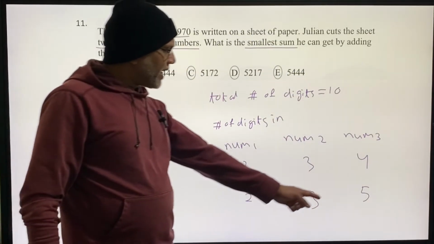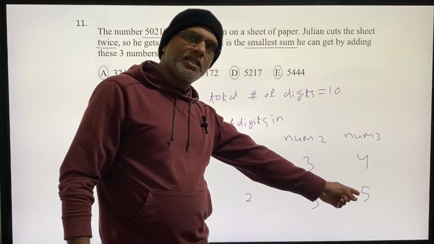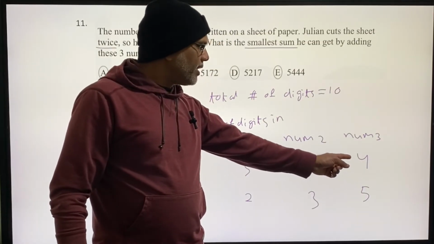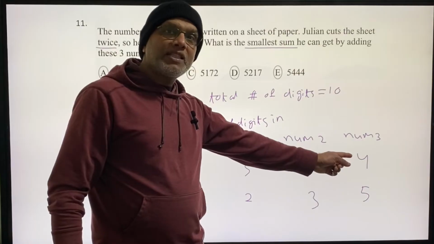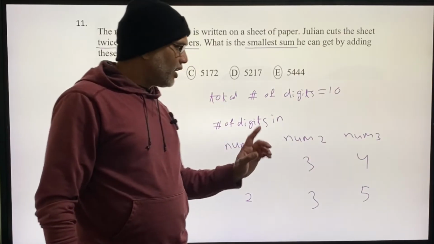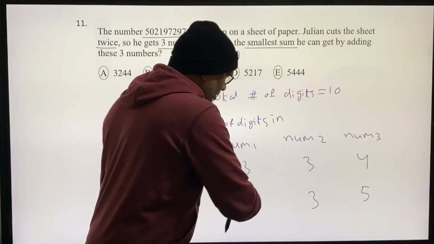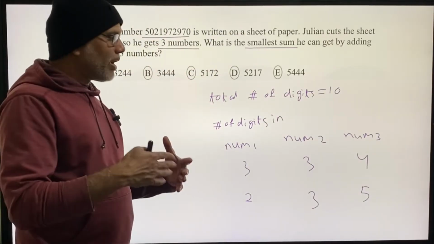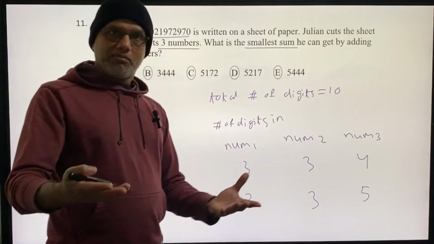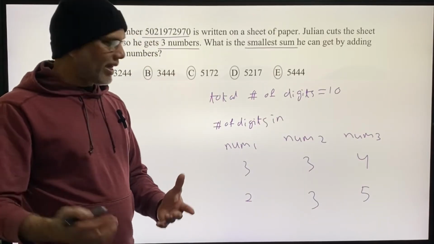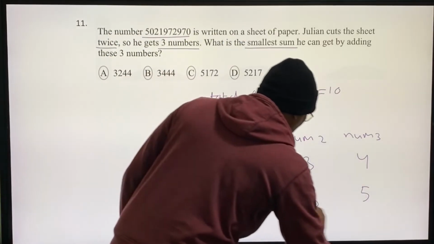Now remember, even the smallest 5-digit number is going to be larger than the biggest 4-digit number, right? So any other way we split the numbers, one of the numbers is going to be larger than we need, right? So we cannot have it this way.